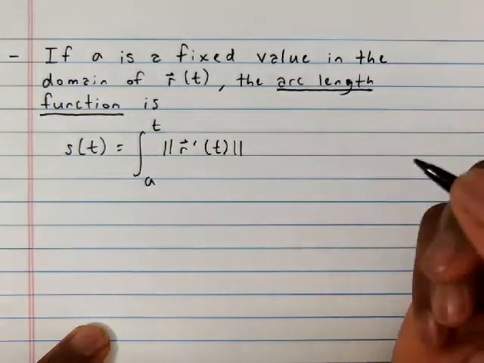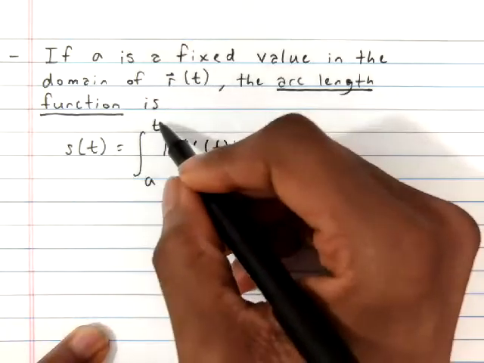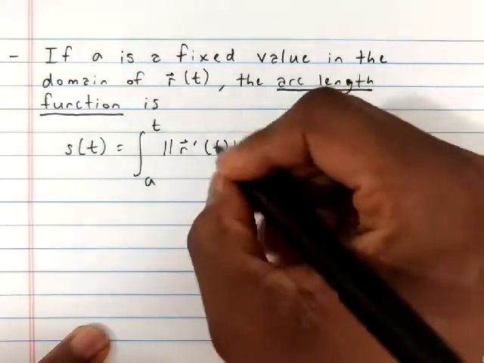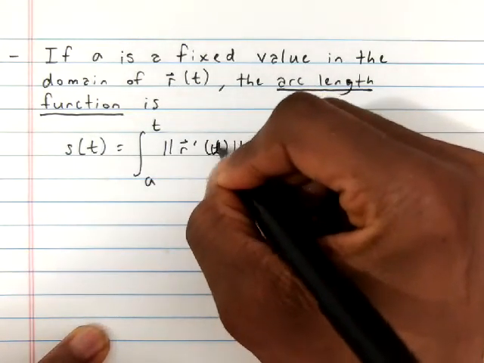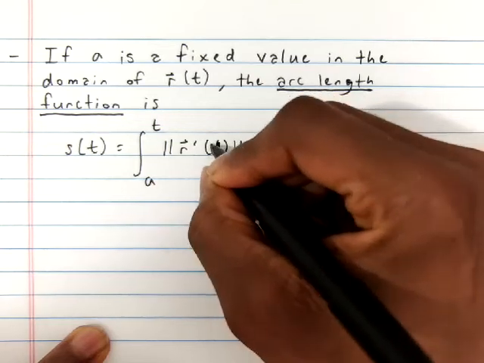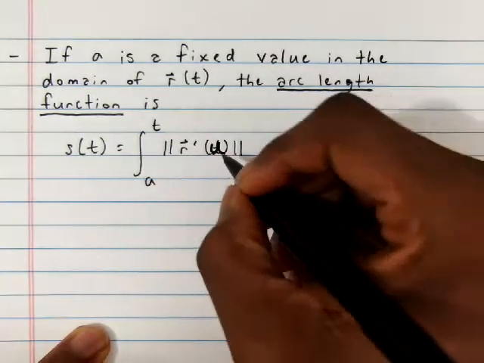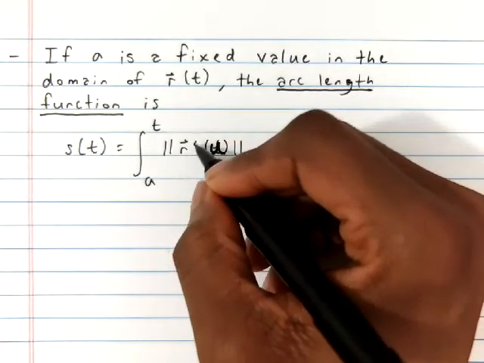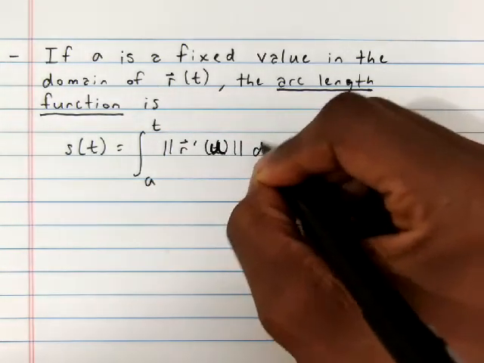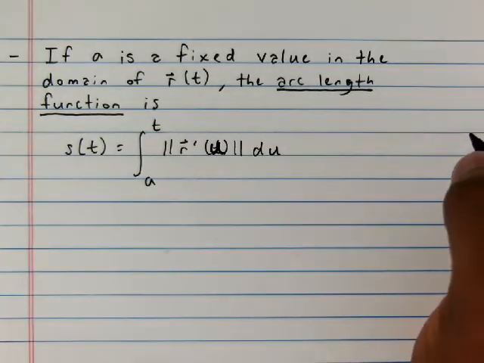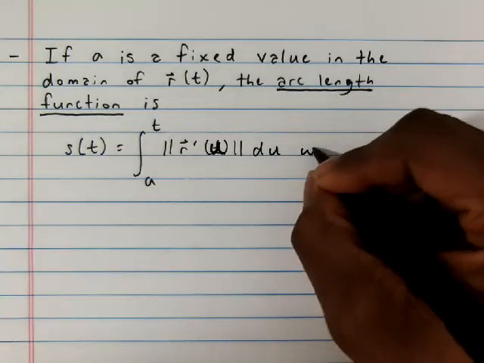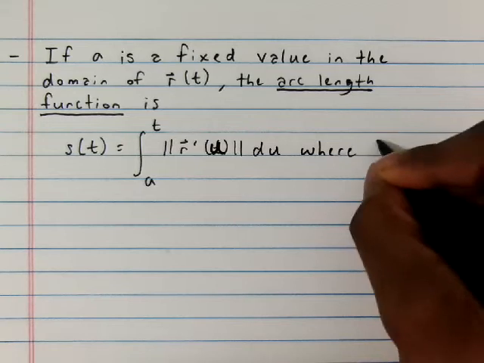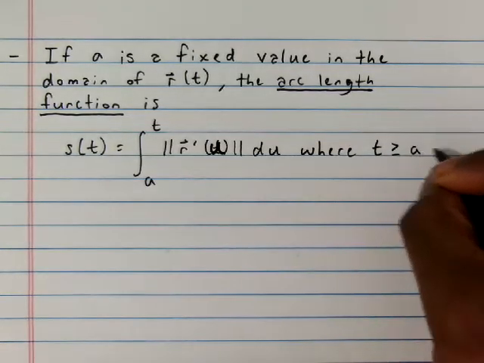Or sorry, I need to use something else, not t. I can't use t because I used it right there. Let's say r prime of u. Sorry about that. So the magnitude of r prime of u with respect to u, where t is some value greater than or equal to a.